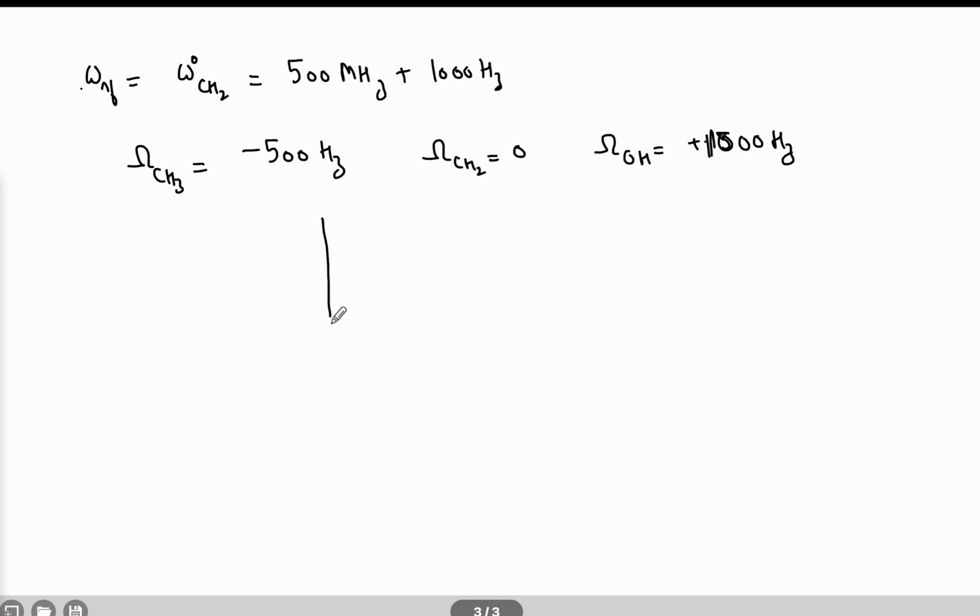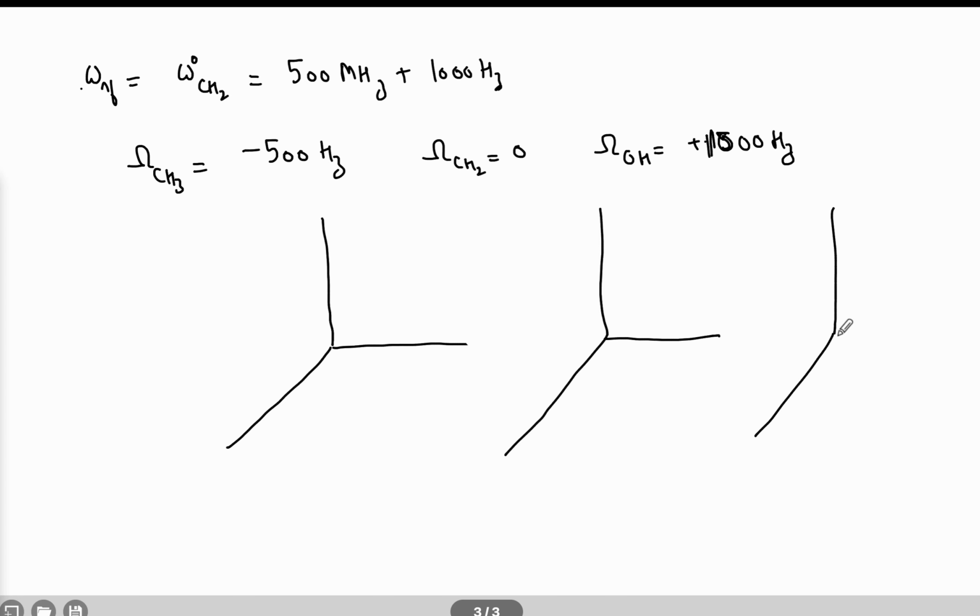So what is the meaning of this? What I mean is that, let's say I have 3 protons, so let me draw it a little smaller. This is for CH3, this is for CH2, this is for OH.